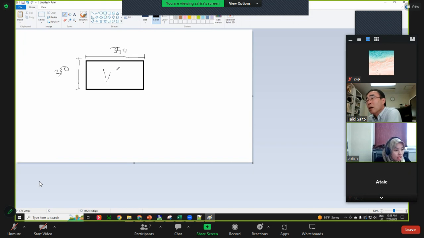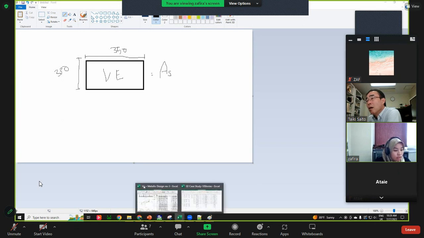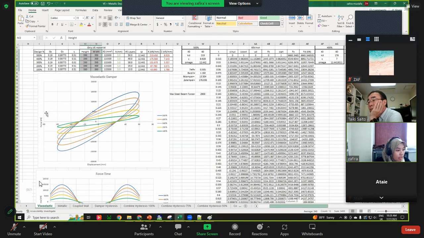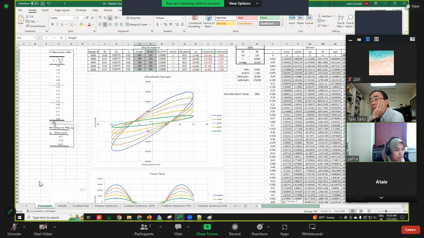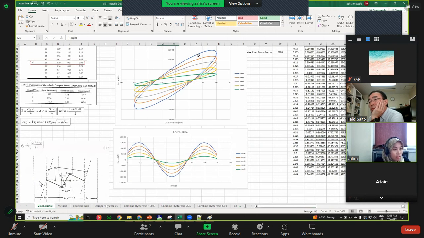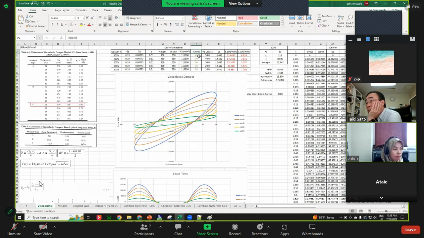This area, also known as shear area, will also influence capacity. So this is the formula: we have K and C, G times the shear area divided by the thickness of each layer. The thickness we fix as 5 mm because fabrication is usually 5 mm, 10 mm, and 15.